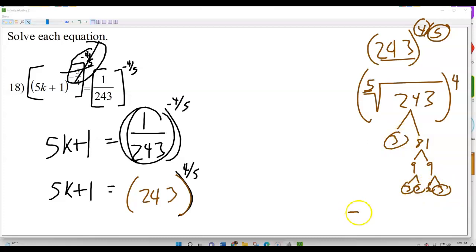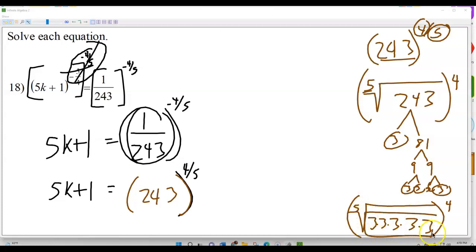And so the 5th root of 243 can be rewritten as 5 3s multiplied together. So if I want to find the 5th root, I'm looking for a number that's multiplied by itself 5 times. And we just so happen to have that. So for every group of 5, you can write that number outside of the radical and cross off whatever's on the inside there. Now, since there's nothing left under the radical, we can just get rid of the radical completely.